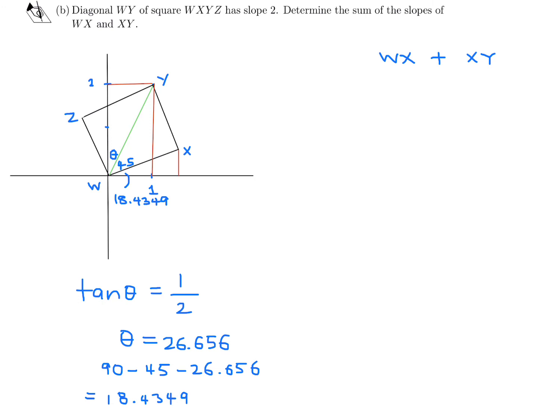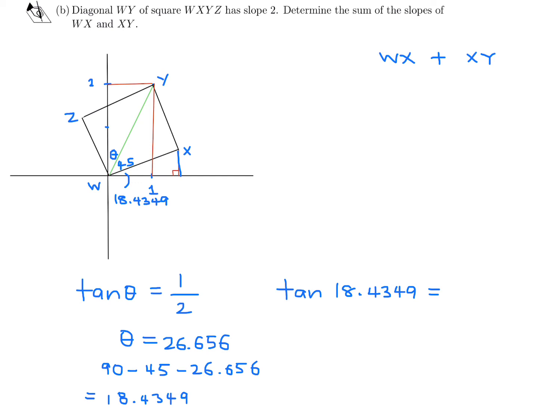WX, let me draw that line in there, make that a perpendicular. And therefore, the tan, again, of that 18.4349 is going to be pretty much the slope of the line WX, because it's rise over run, correct?